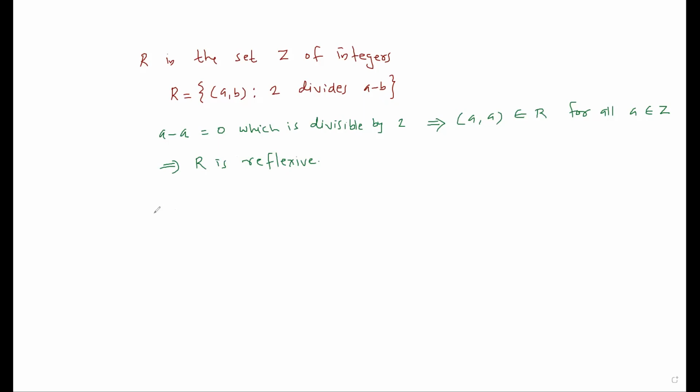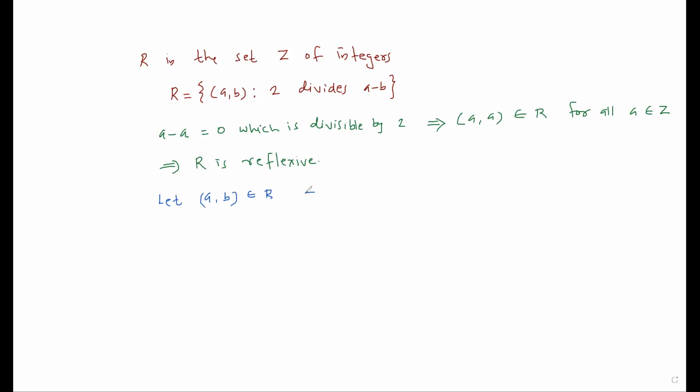Now we have to check whether it is symmetric. The symmetric property says that if a is related to b, then b should be related to a. So we will assume, let (a, b) belong to R. That means a is related to b.